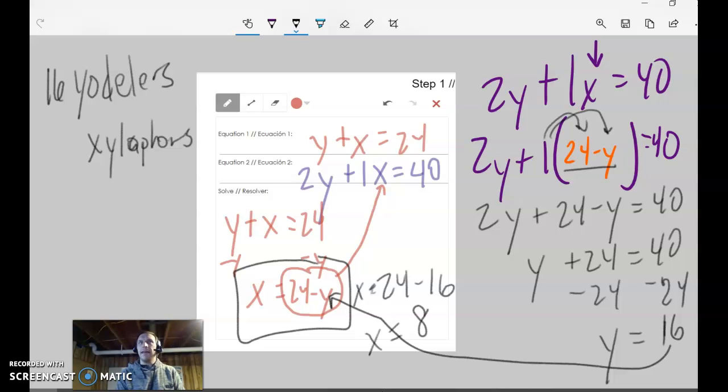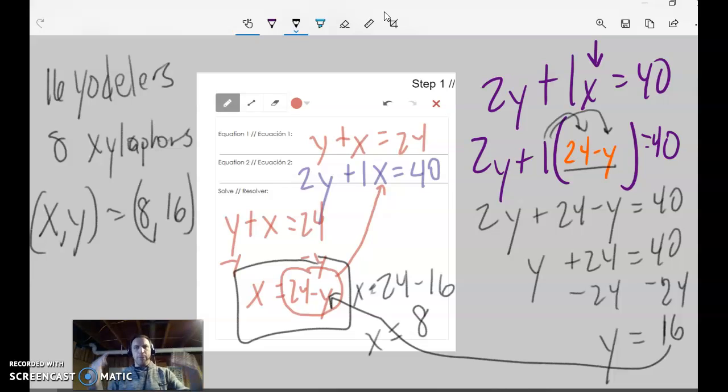And so I have 8 xylophones, however you spell that. And so if I was writing this as an ordered pair, my x, y, x and y, so it was 8 xylophones, 16 yodelers. Boom, there we are. All right, take a moment, write that down, and join me in the graphing section.